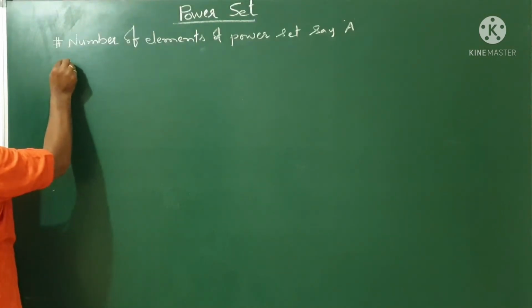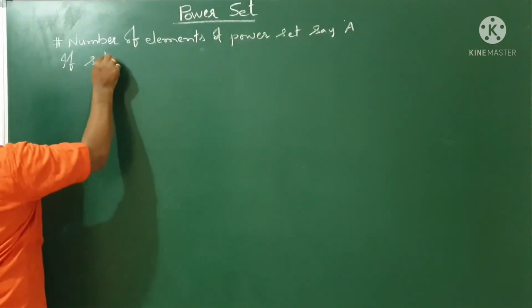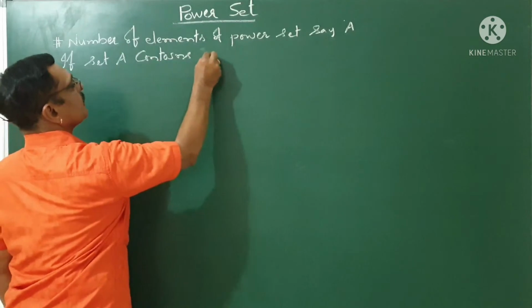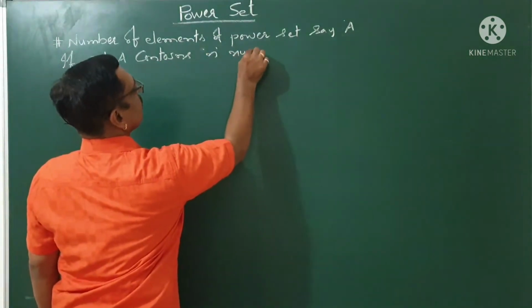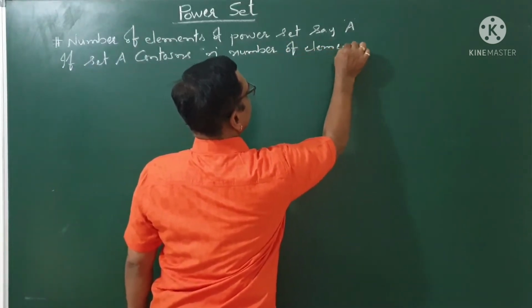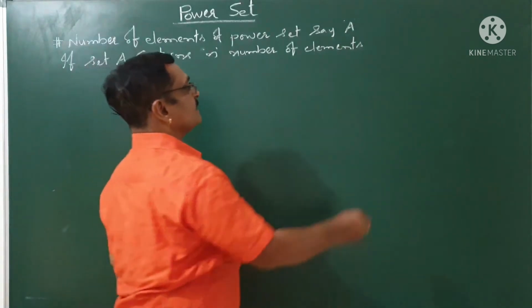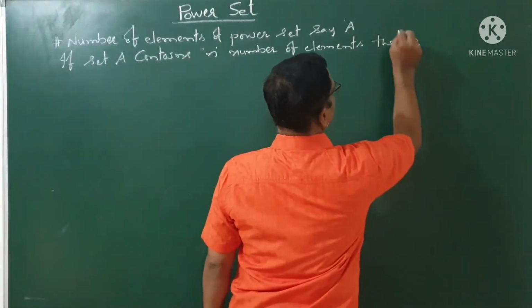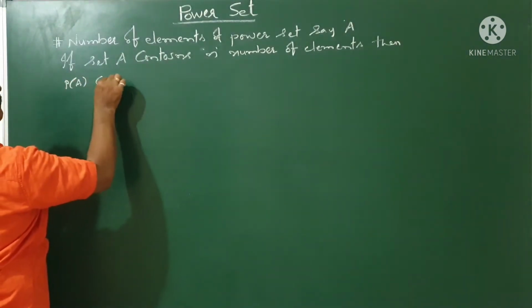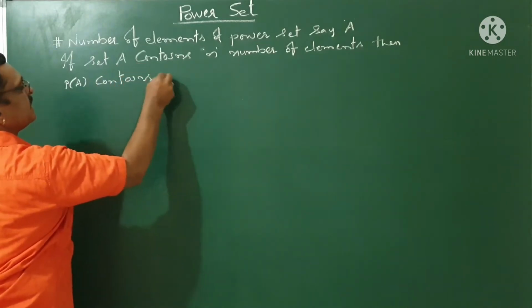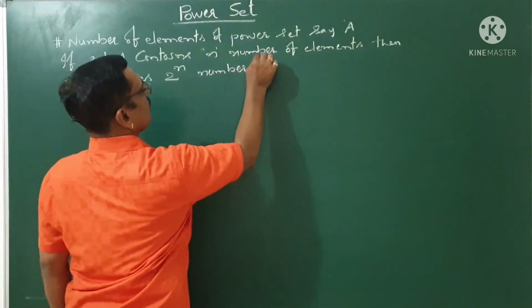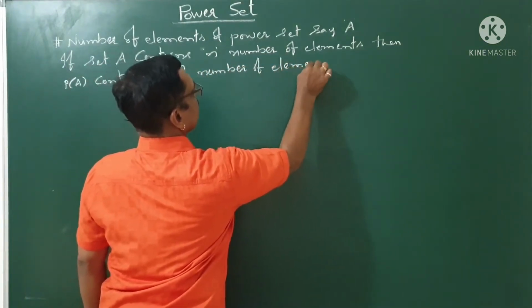Now I'll write one result here. If the set A contains n number of elements, then P of A contains 2 power n number of elements.